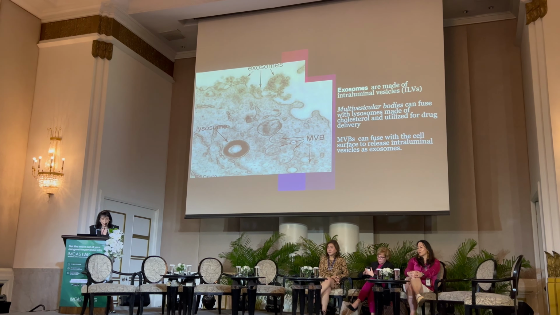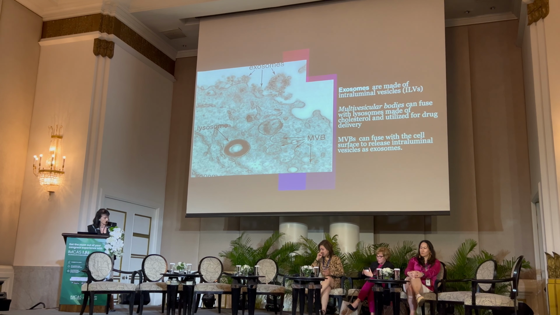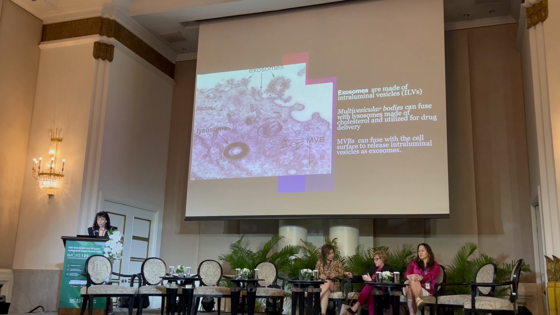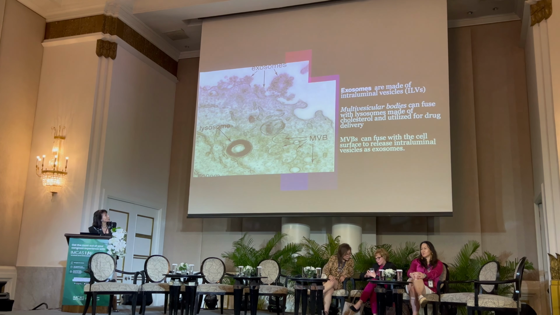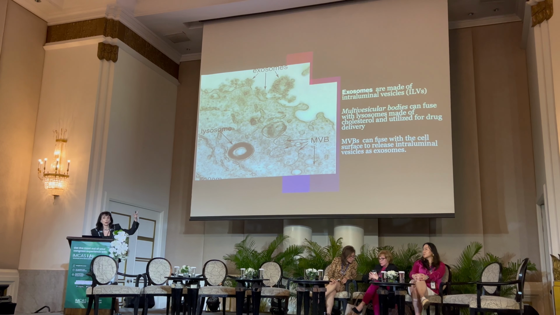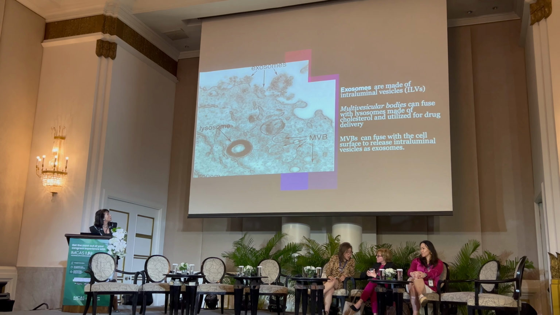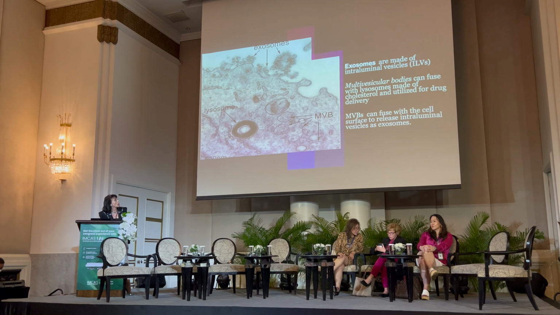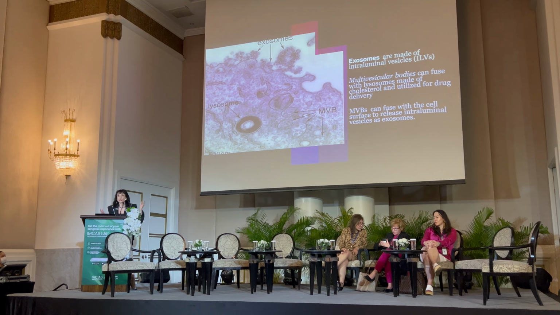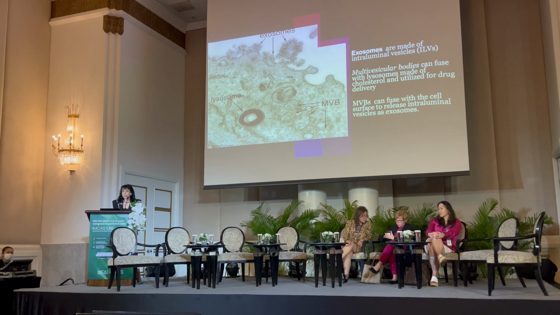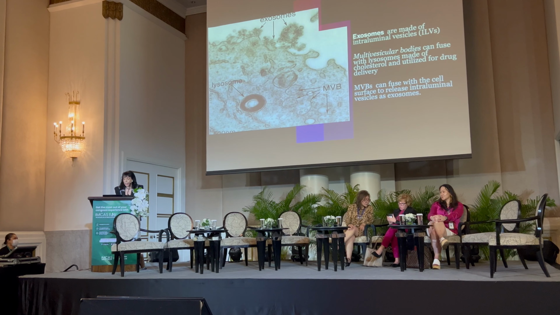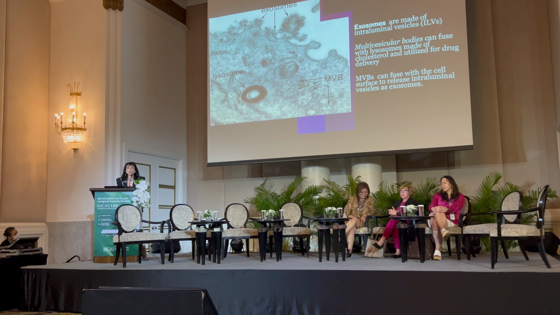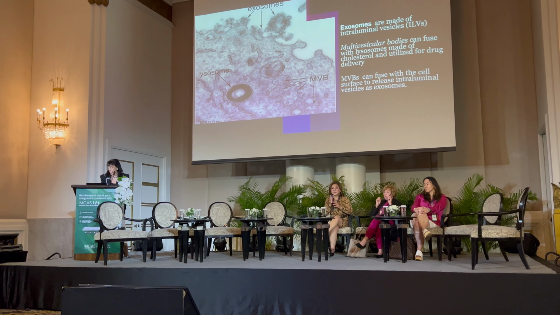Here you can see the exosomes coming out of the plasma membrane of the cell. And you can see the lysosome and the multivesicular bodies that can fuse either with the lysosomes or with the plasma membrane, releasing the intraluminal vesicles, which become the exosomes.